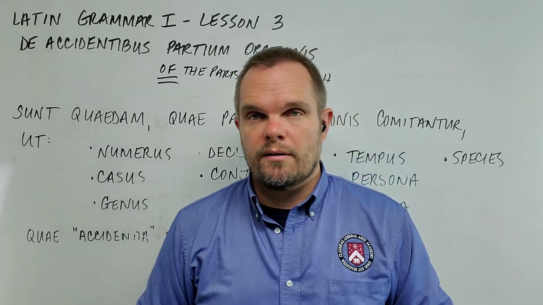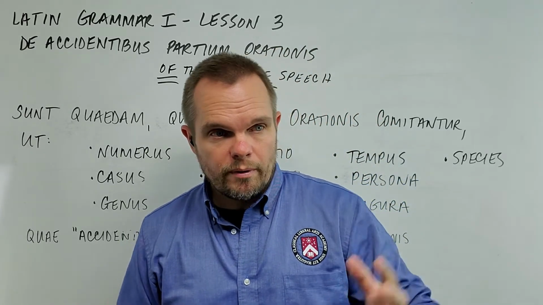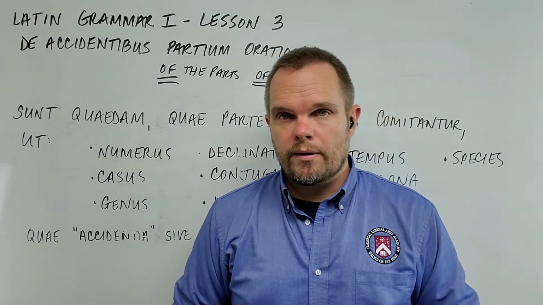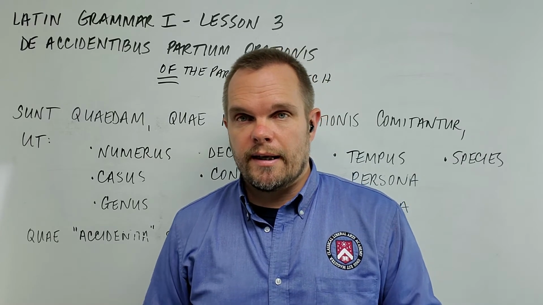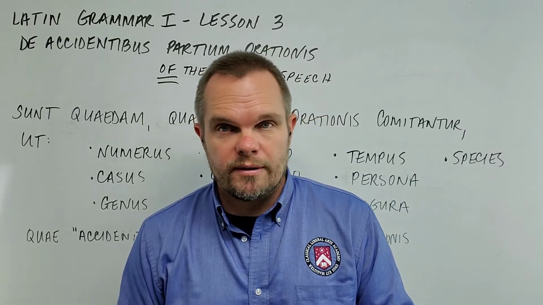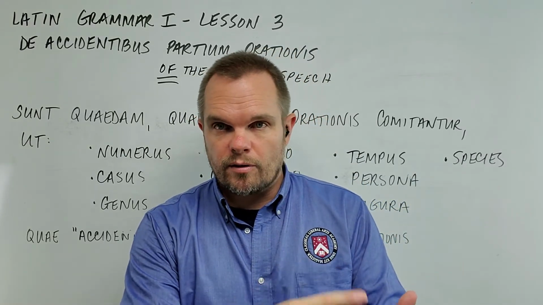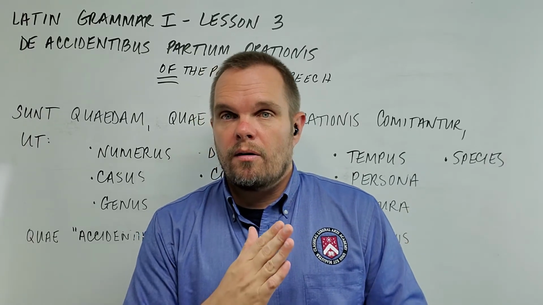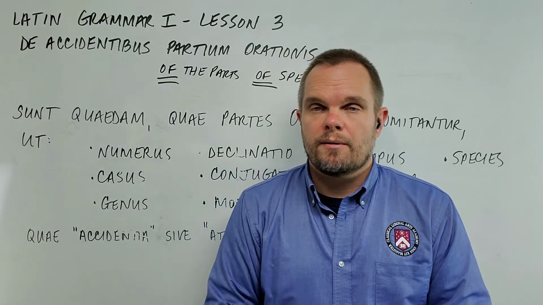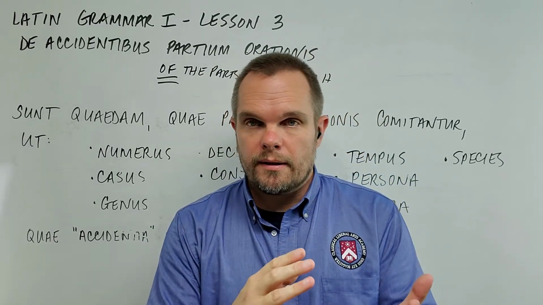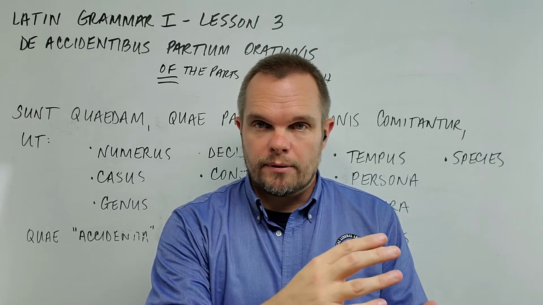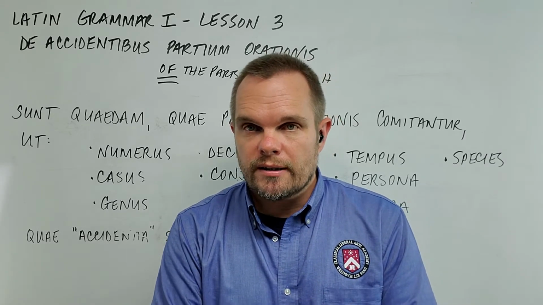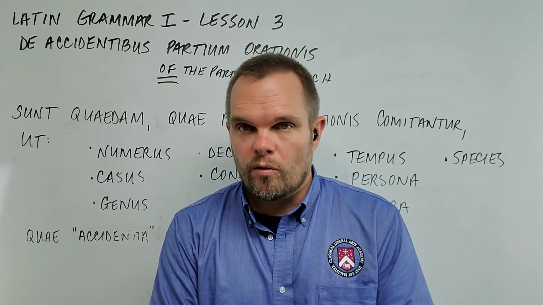So, what we learn there: declinationes nominum sunt quinque. The declensions of nouns are five. Their names are very simple. It's just first, second, third, fourth, fifth. The five noun declensions tell us what noun belongs to what family based on the ending of its genitive singular form.